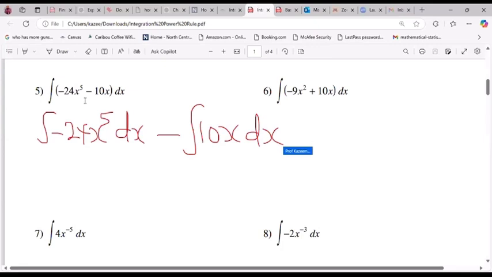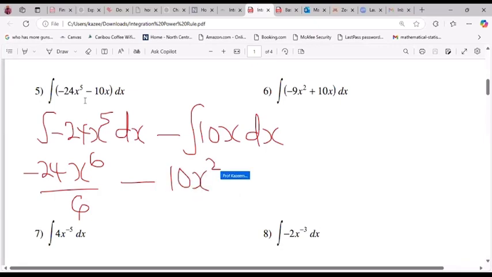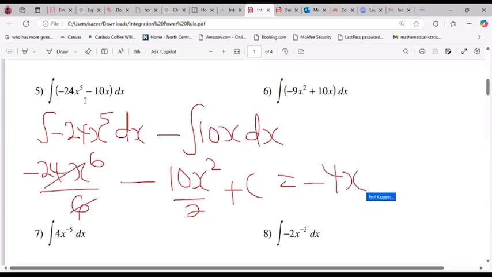I can put it in a separate integral. So here I'm going to have 24x to the 6 over 6, minus 10x squared over 2 plus a constant. All I'm going to do is start simplifying that. It's going to be minus 4x to the power 6 minus 5x to the power 2 plus a constant.